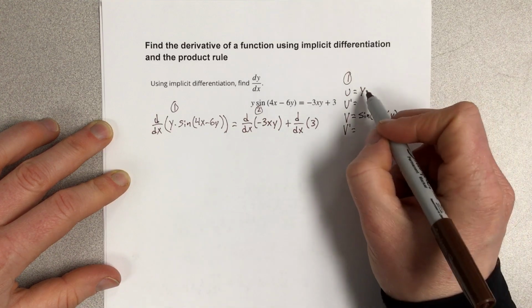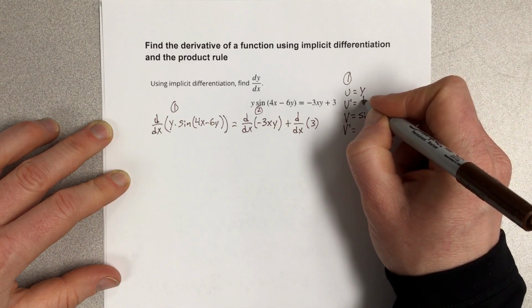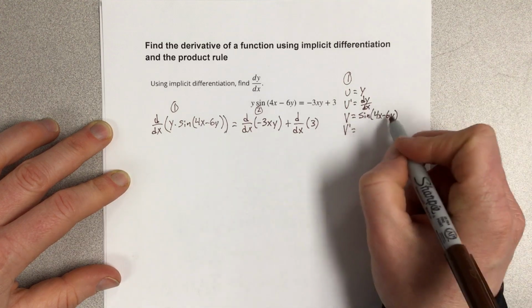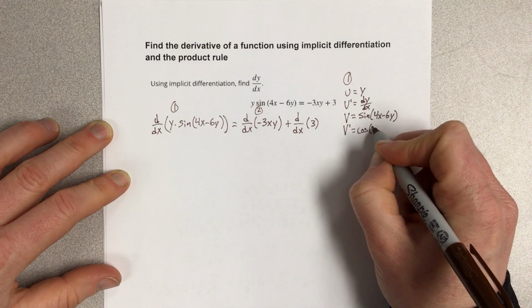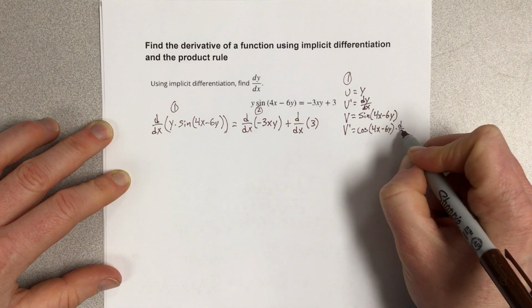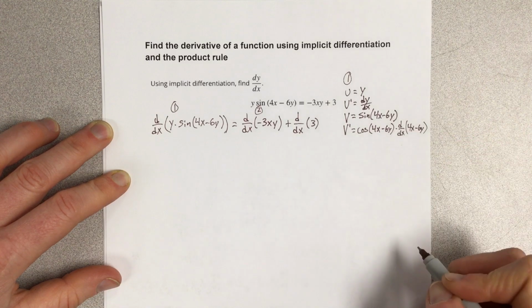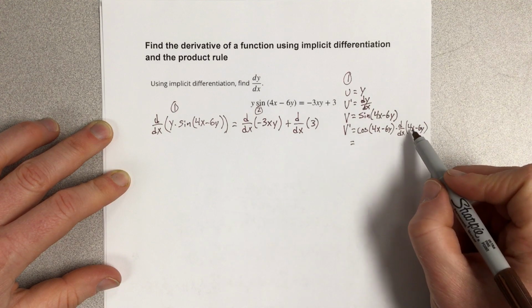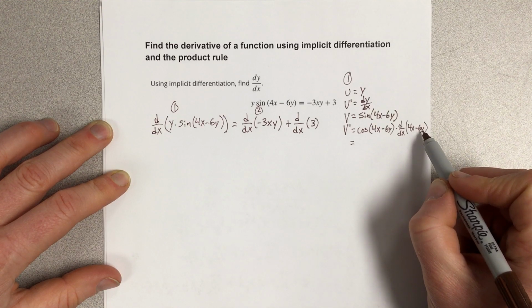Now when I do the derivative of y with respect to x, I'm going to get just dy/dx here, 1 dy/dx. But I'm not going to write the 1 because we don't need to write the times 1 piece. When I do the derivative of sine, I have a chain rule here, so I have cosine of 4x minus 6y times the derivative of 4x minus 6y, which the derivative of 4x minus 6y would be 4, and then the derivative of negative 6y would be negative 6 dy/dx.